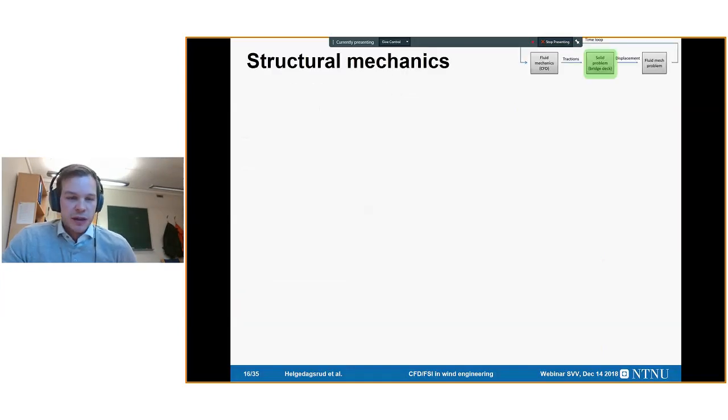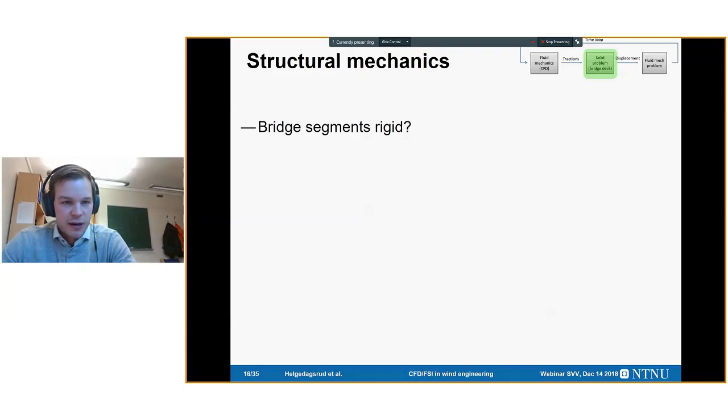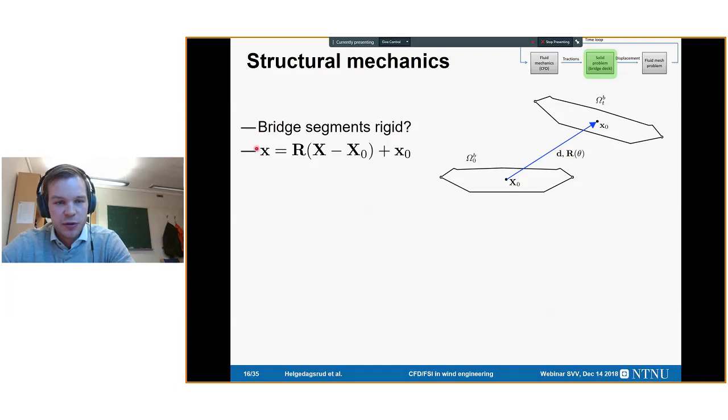So this completes the fluid mechanics, and we move to the structural mechanics now. You can basically use any formulation here, solids or shells. Shells are commonly used. But I'll go for a simple one, because if we consider our bridge deck segments as rigid, which is a good approximation for our applications, we can describe the dynamics of the bridge with the motions and rotations of the center of gravity.